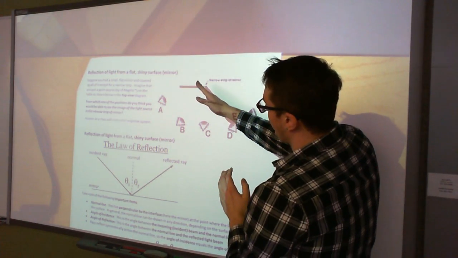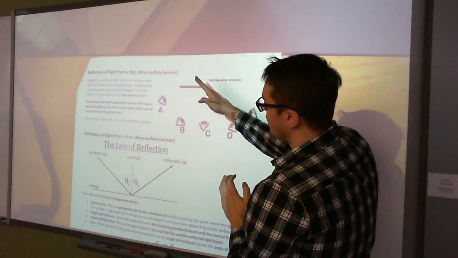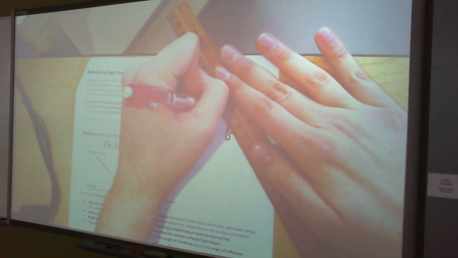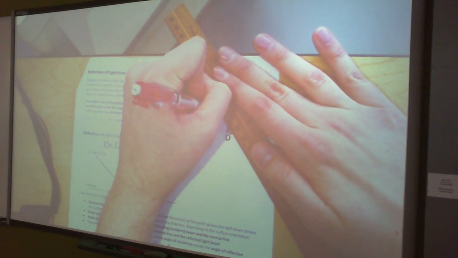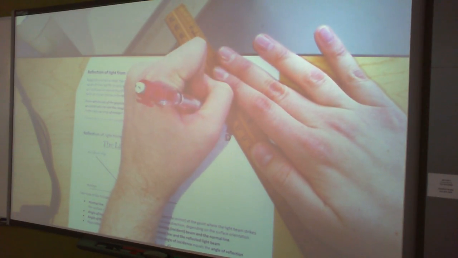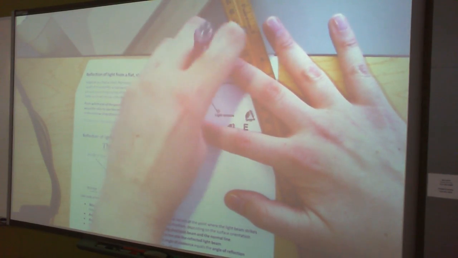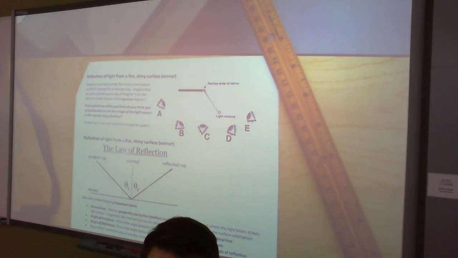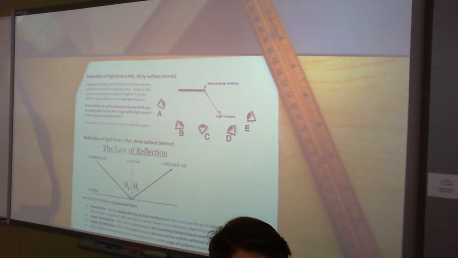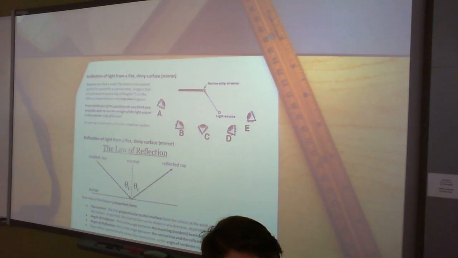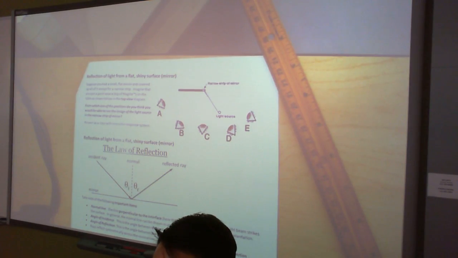If we had light coming to the mirror at this angle, so we could draw a ray coming out from the light source and hitting this small strip of mirror that's visible, where among these positions, A through E, will be able to see the light? Go ahead and go on to Socrative and answer that.